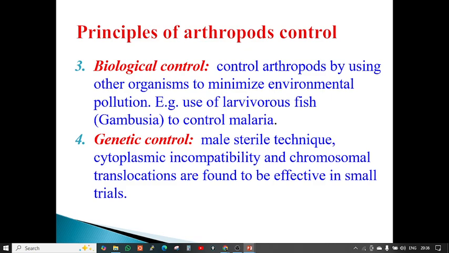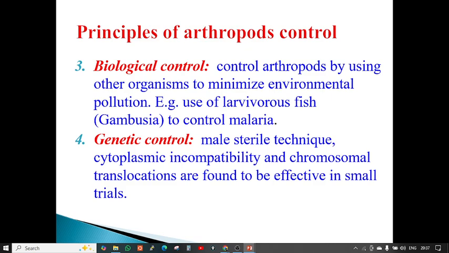Then genetic control: male sterile techniques, cytoplasmic incompatibility, or chromosomal translocation are found to be effective. In this technique, when mosquitoes or flies reproduce, a large number of new mosquitoes are generated.